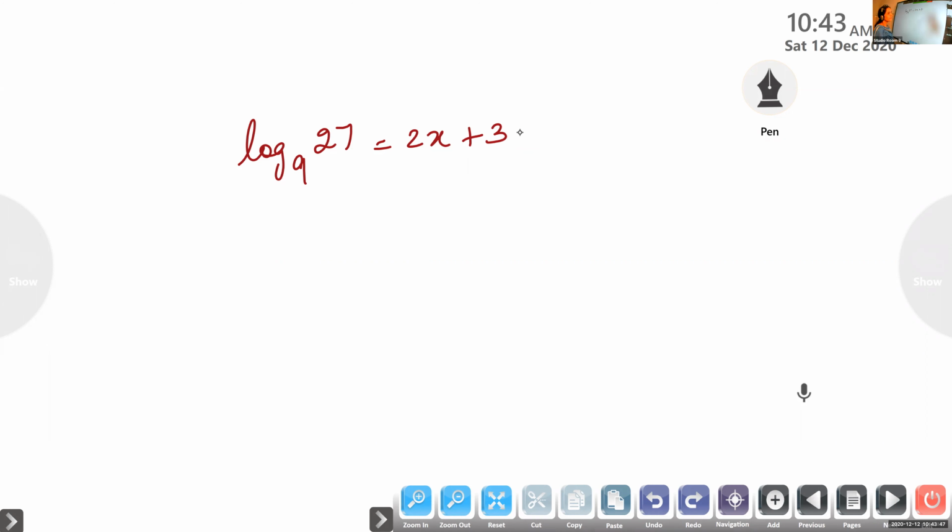How will you do this? When you convert this to exponential form, 9 raised to 2x plus 3 is 27, isn't it? 27, how will you write? 3 cube. So here also we should convert 9 as 3 square, raised to 2x plus 3.